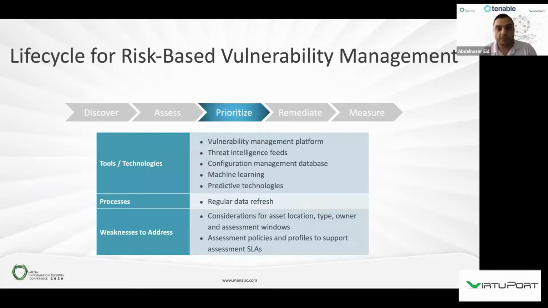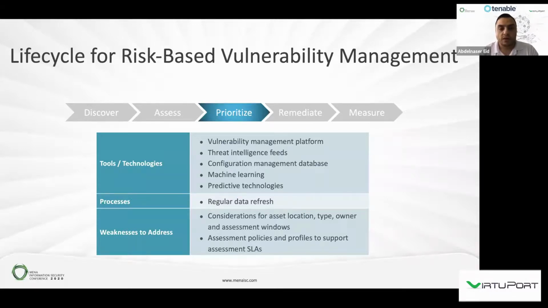Then, once we pass the discovery and assessment stages, it's very important right now to prioritize. And this is exactly where risk comes into the picture and becomes very attached to the vulnerability management concept. It's becoming more about a risk-based vulnerability management program rather than vulnerability management alone.